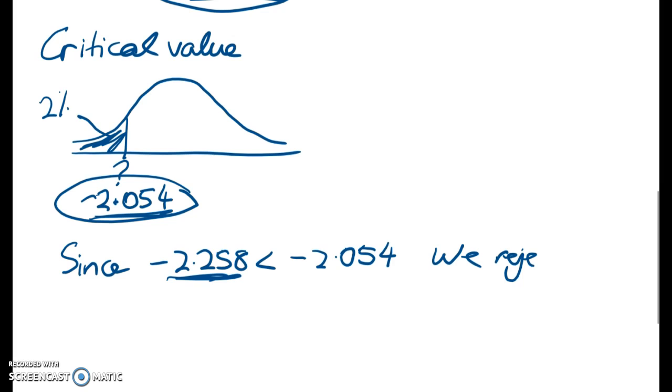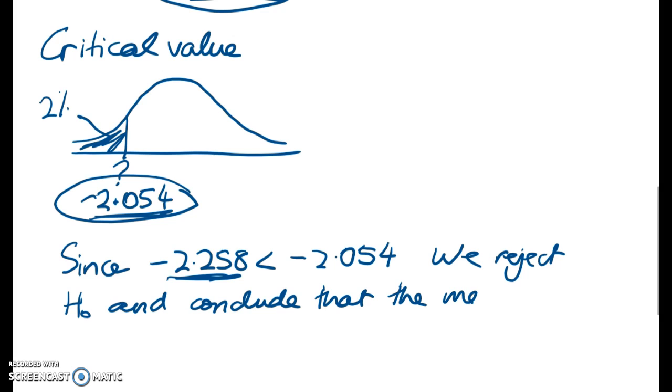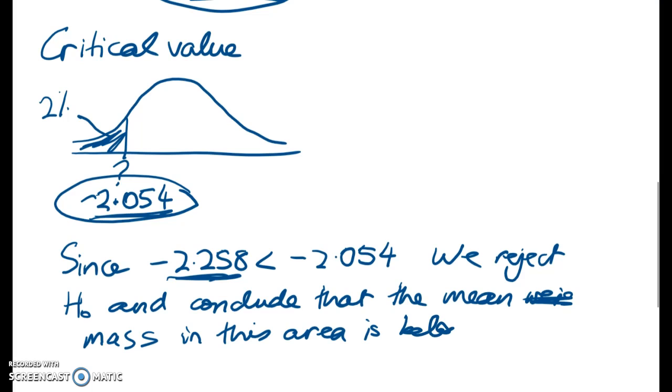We're going to reject H0 and conclude that the mean weight, I'll say it again, mean mass in this area is below 13.5 kilograms. In other words, we do have enough evidence to say that in this area the mean mass is lower than in the other one.